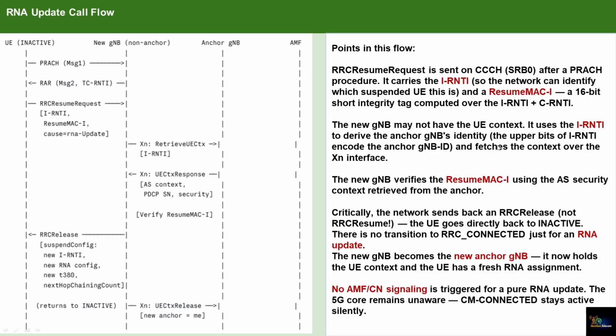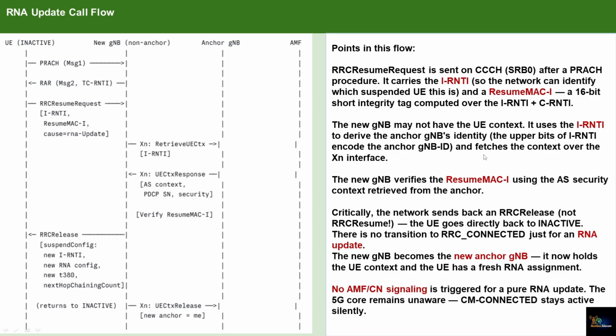So here is the RNA update call flow. The UE is in inactive, going from inactive to active, so the PRACH message will work here. The PRACH channel sends message 1, and in message 2 the temporary C-RNTI will be given. Then the RRC resume request will be sent by the UE.